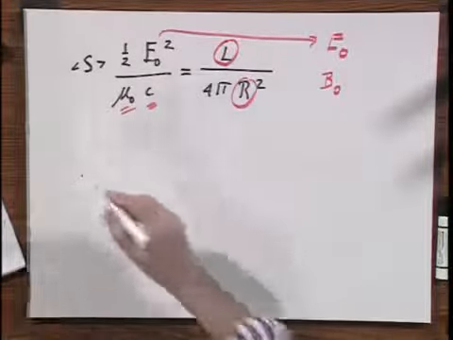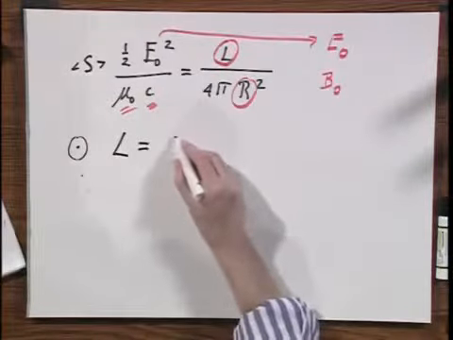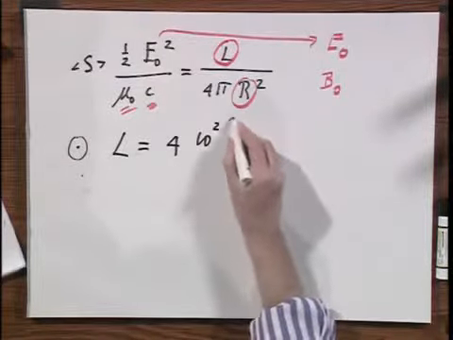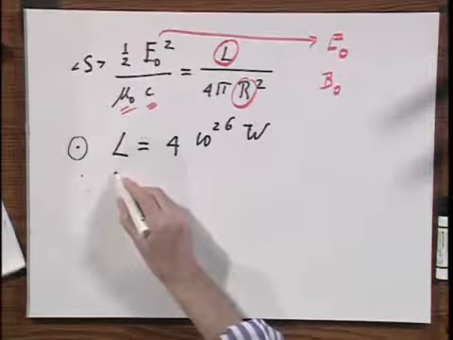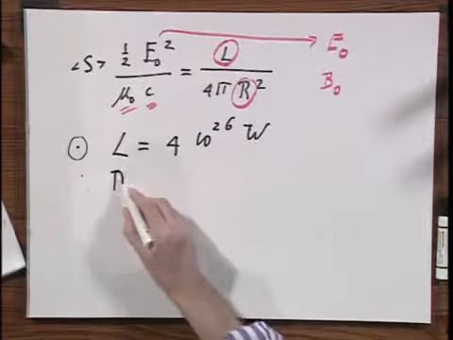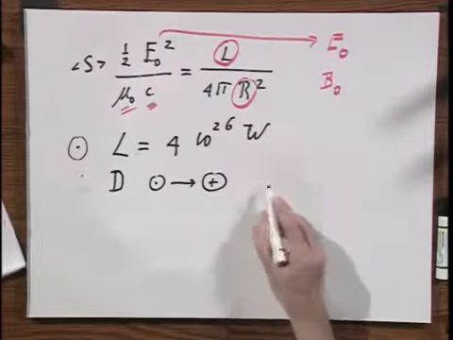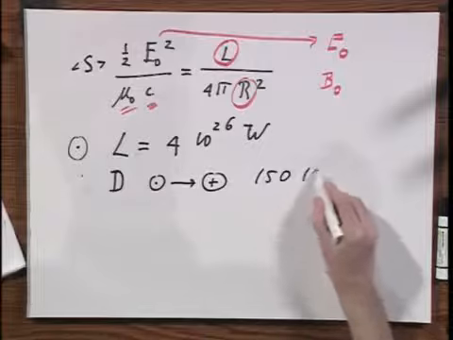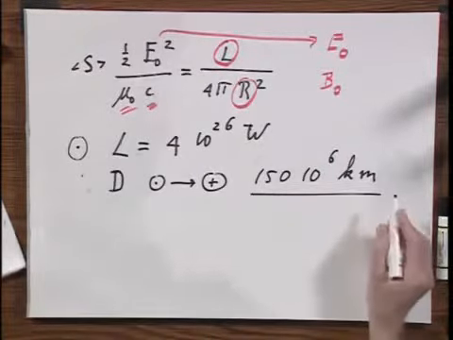Let us take the sun. The sun is a very powerful source. It has a luminosity of 4 times 10 to the 26 watts. And the distance, d, from the sun to the Earth is 150 million kilometers. Being an astrophysicist, I just happen to remember that.